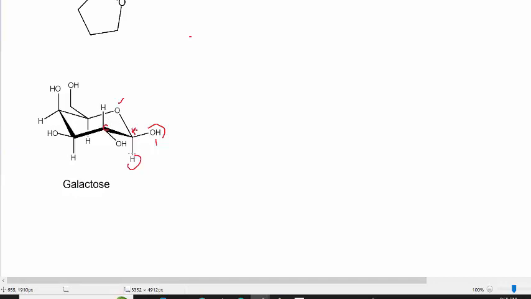Being the hydrogen directly attached to that means that it's a hemiacetal. And there it is. Because, by the way, it's part of a ring, this is a cyclic hemiacetal.